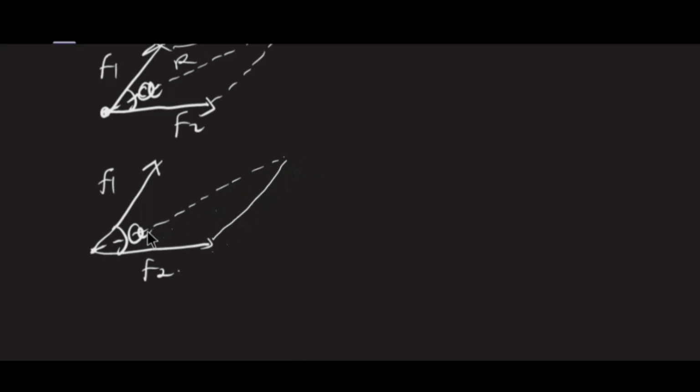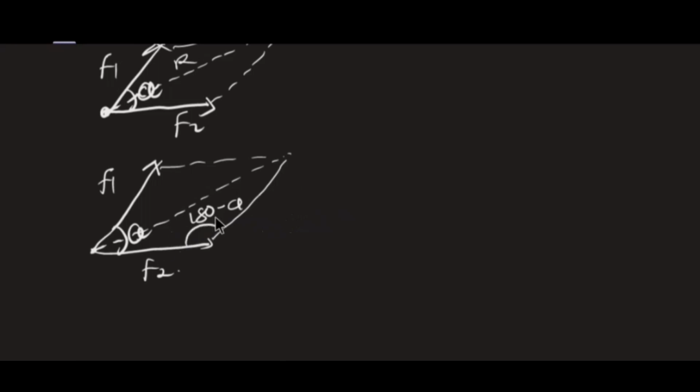So you draw your diagonal like this. The next thing to do is, one property of a parallelogram is that adjacent angles add up to 180. So this plus this will add up to 180. Hence this angle alone is 180 minus alpha.